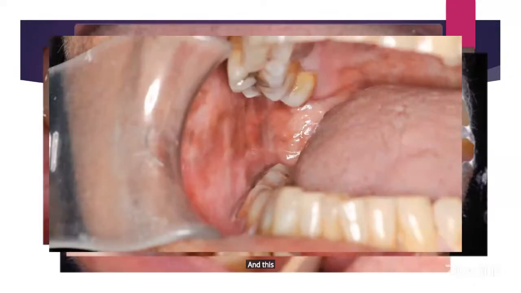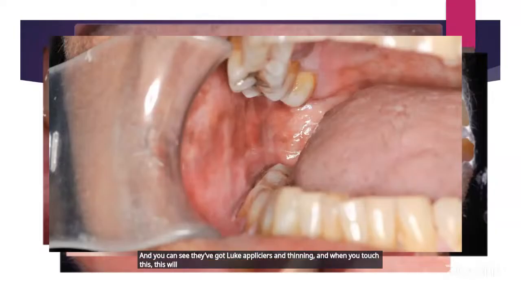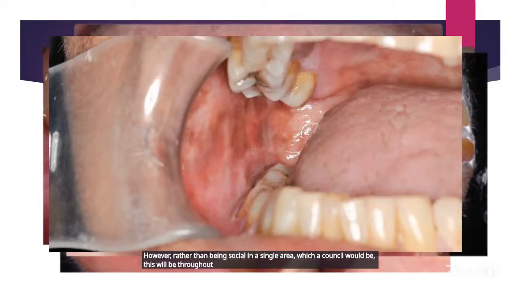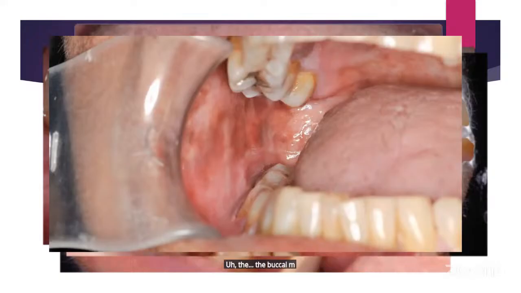And this is PON-related oral submucous fibrosis. And you can see they've got leukoplakias and thinning. And when you touch this, this will be very hard. However, rather than being focal in a single area, which a cancer would be, this will be throughout the opening of the mouth, the buccal mucosa, soft palate, labial mucosae, and floor of mouth.